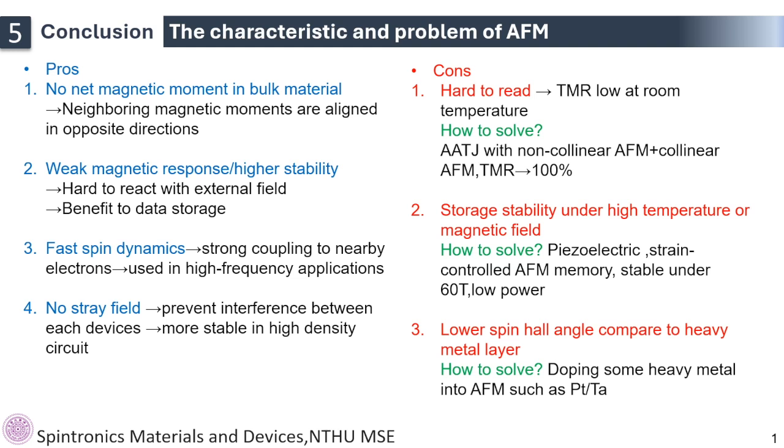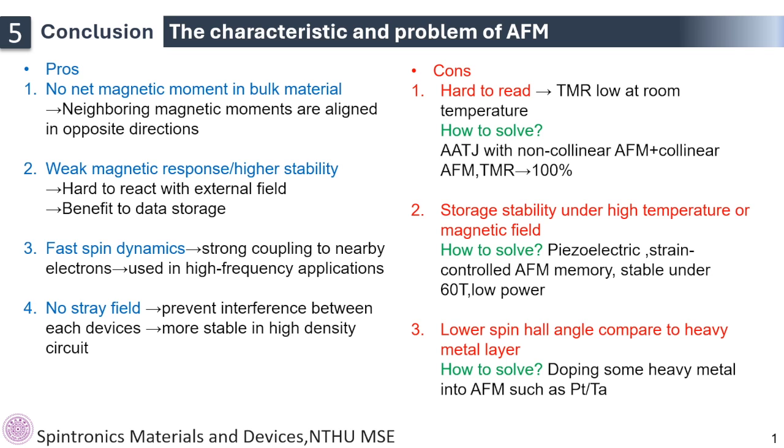However, there are also some problems when using AFM material. First one is that it's hard to read due to its zero net magnetization, and it's difficult to polarize. In AFM devices, the TMR ratio is quite low at room temperature, where we can only get a small signal output.